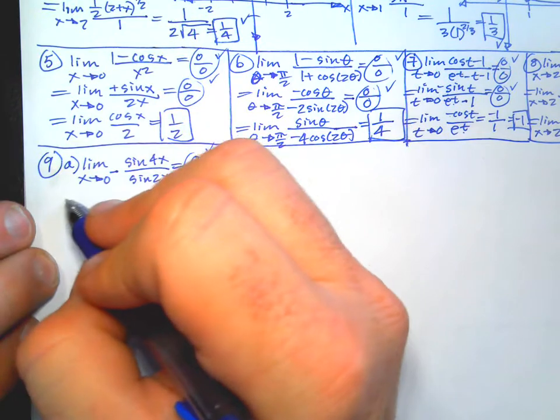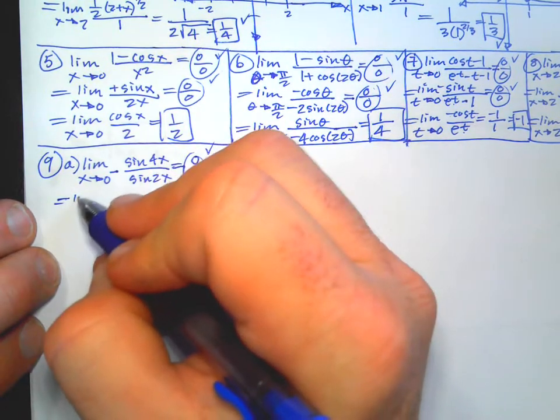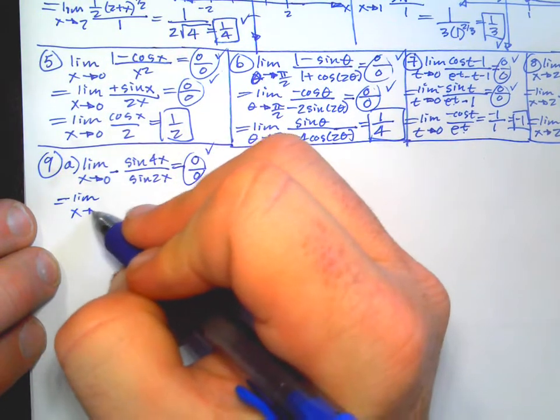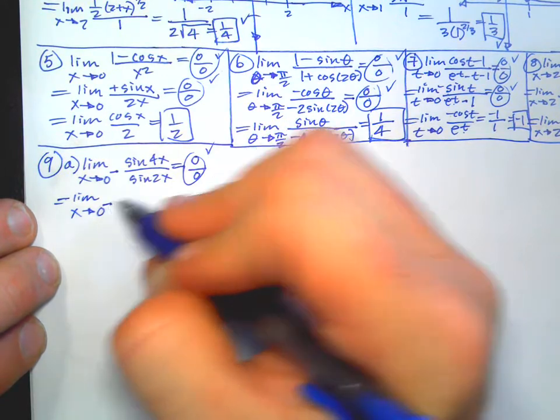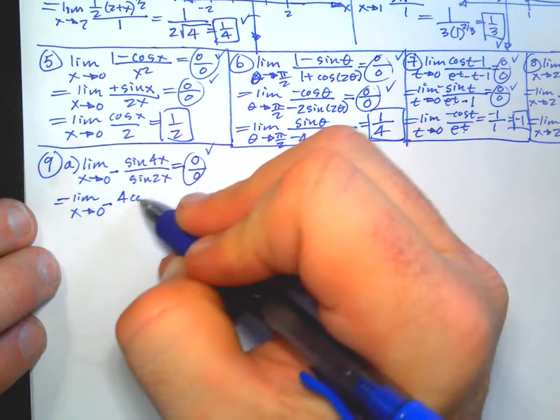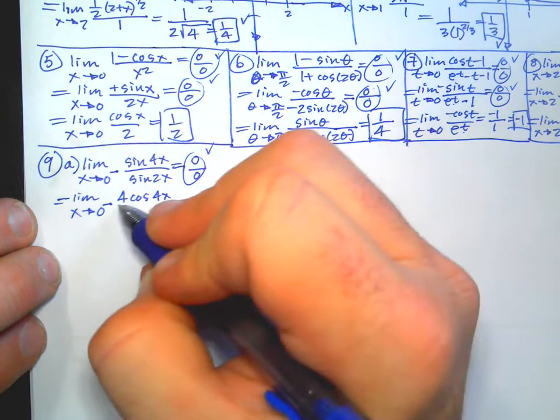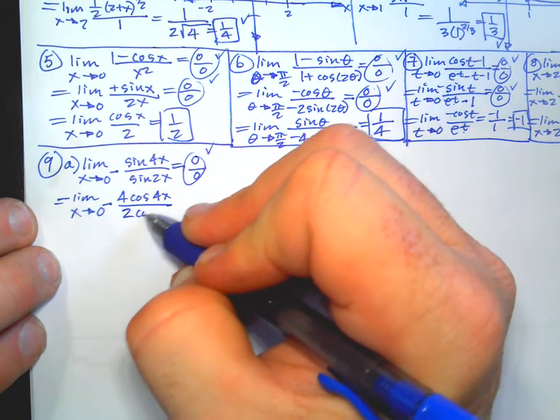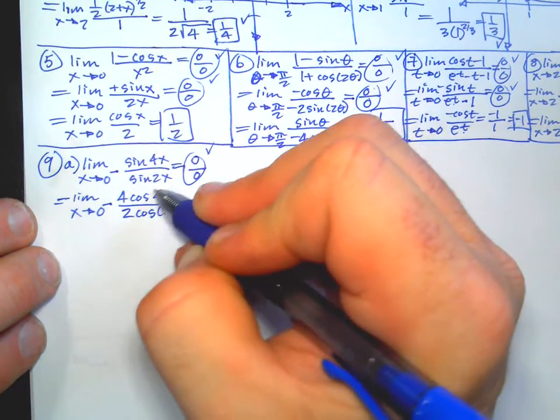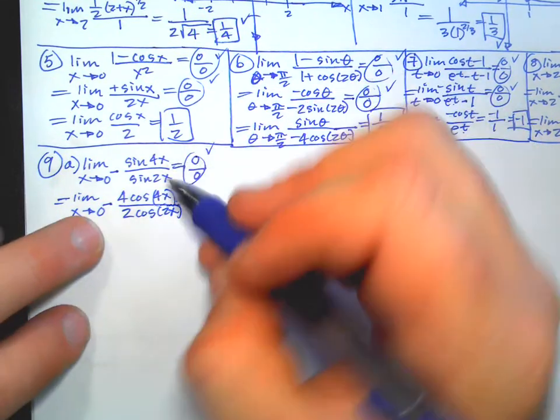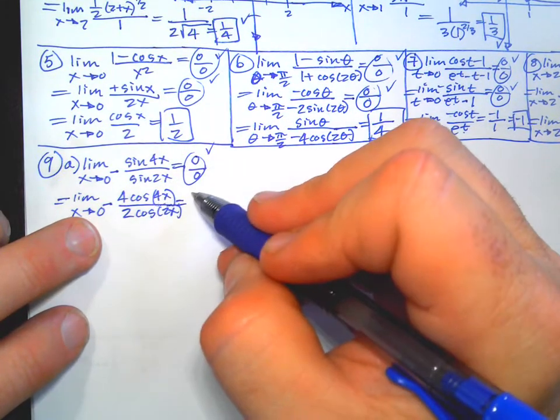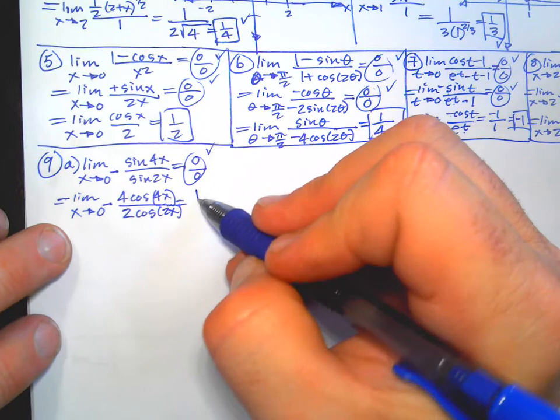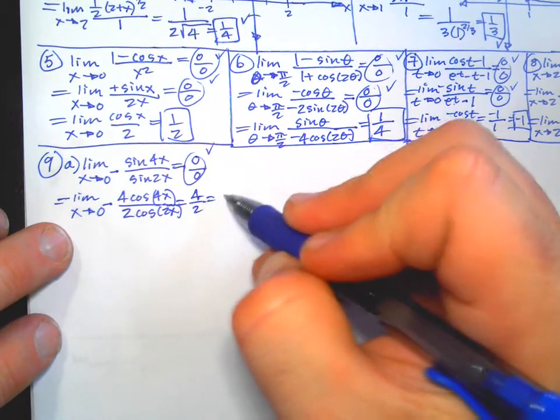And then we're going to do L'Hopital's rule, approaching 0 from the left. The derivative of the top is going to be 4 cosine 4x, and the bottom is going to be 2 cosine 2x. And as we approach cosine of 0 from the left, it's approaching positive 1. So we're getting positive 4 over 2, which is 2.